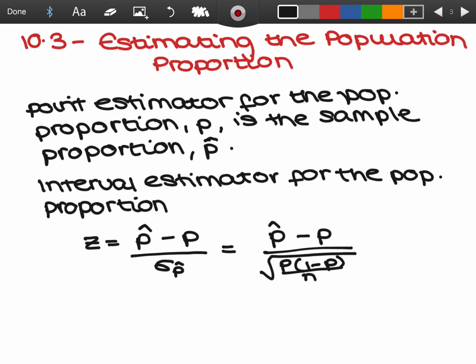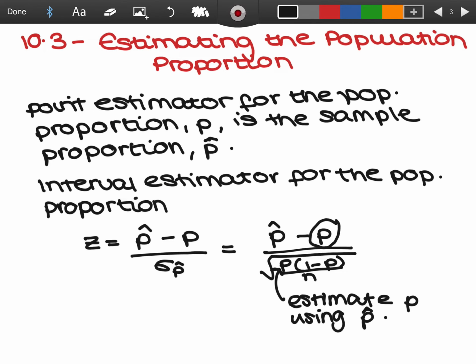So occasionally, and we'll look at this in a second when we rearrange this stuff, instead of using the population proportion in your standard deviation here, you may have to estimate that P using the sample proportion P hat. You normally have sample data, you may not have the population data, and we are trying to find a good estimate for this thing.